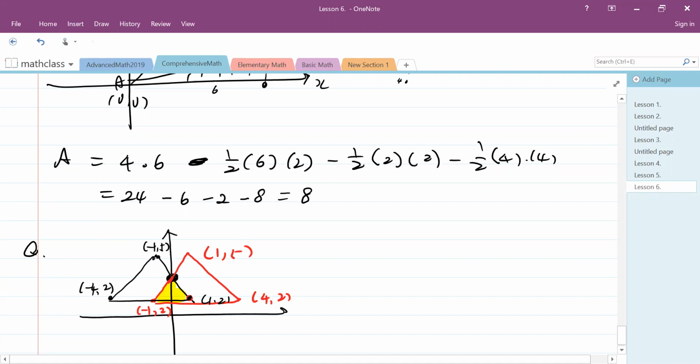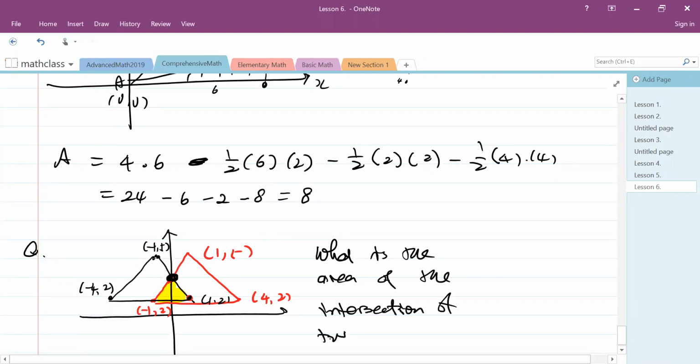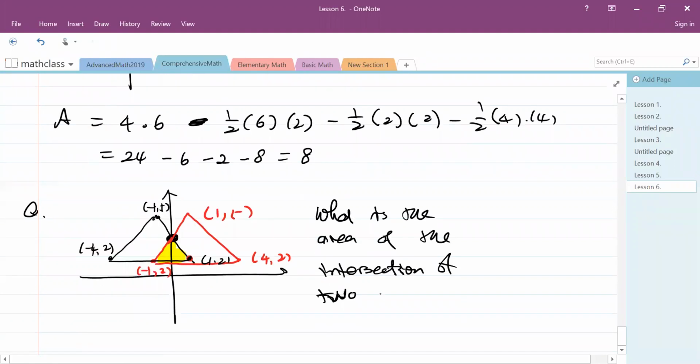If you can do that, then you can figure out the height of the triangle. This is an isosceles triangle, right? So what is the area of the intersection of two triangles?